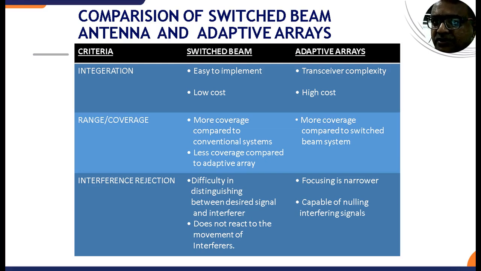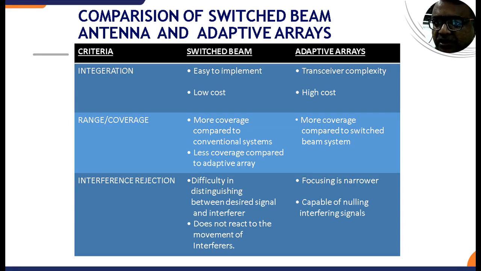The comparison of switched beam and adaptive arrays. In integration, the switched beam is easy to integrate and implement. In adaptive arrays, transceiver complexity is a design problem, and it has high cost. Coverage range: the switched beam has more coverage compared to conventional systems, but less coverage compared to the adaptive array.